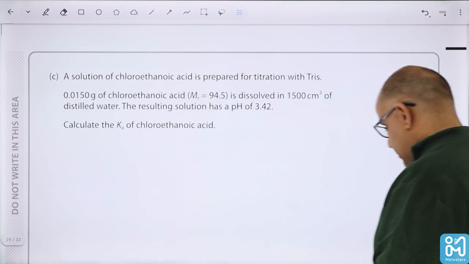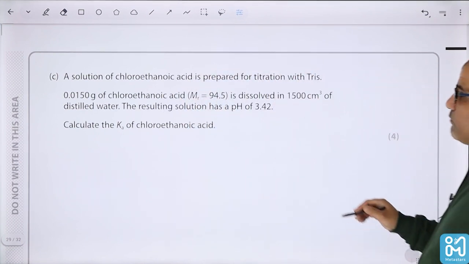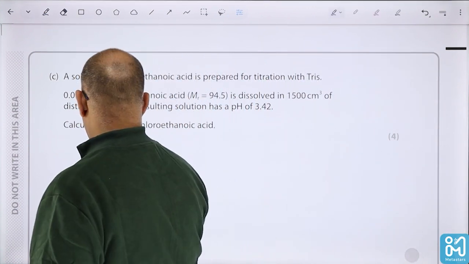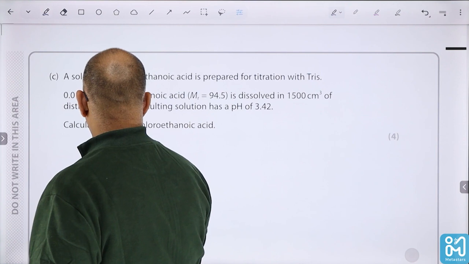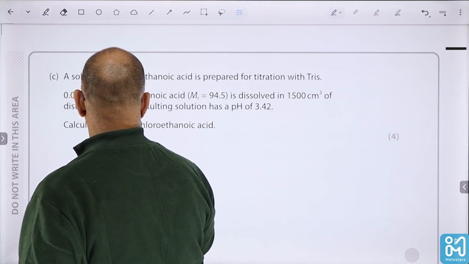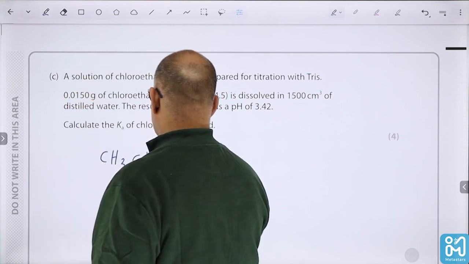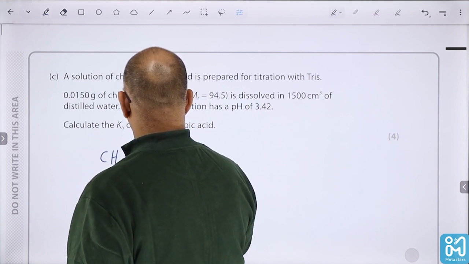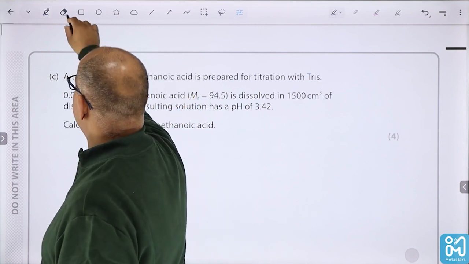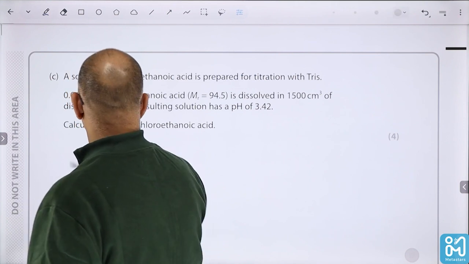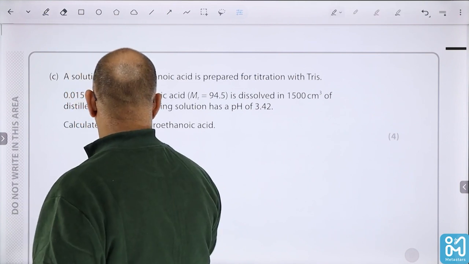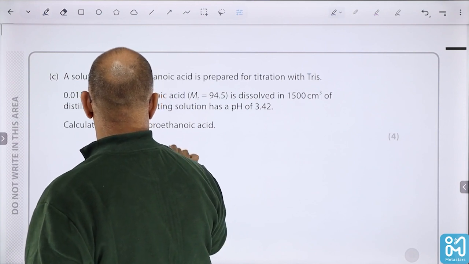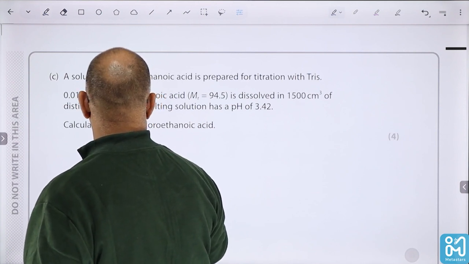Okay, you can write the expression for the chloroethanoic acid. You will see it's like that. We have CH3, CH2, for example. It's chloro, so one of them is, for example, CHCl, and this is COO.